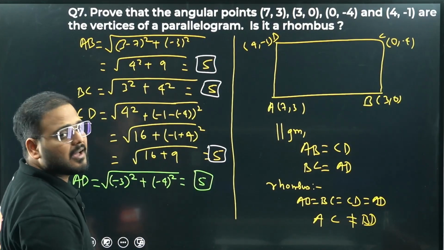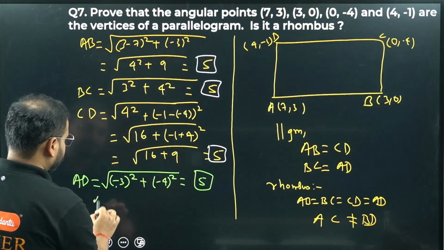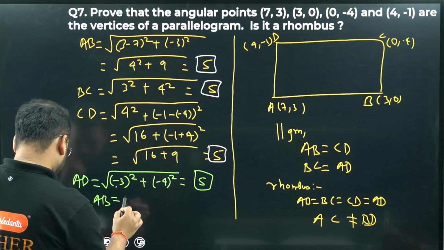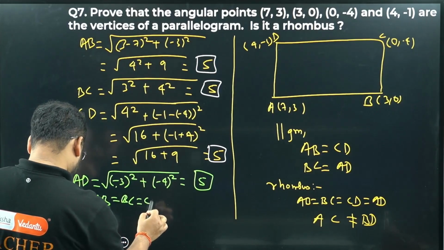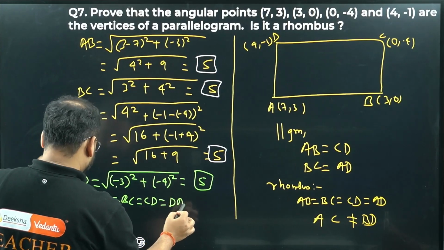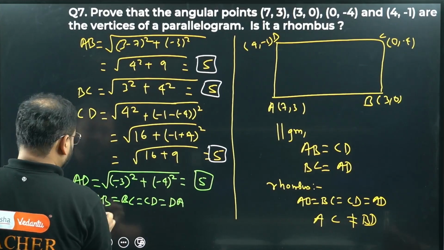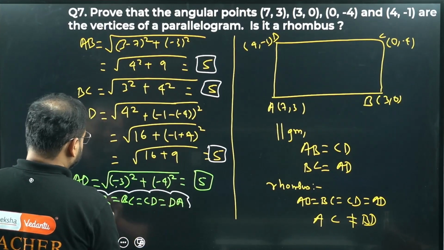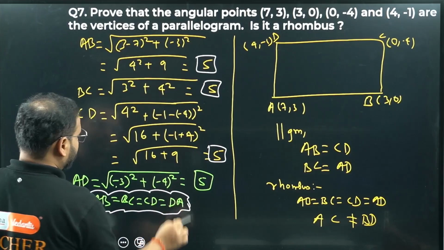So I'm getting AB equals BC equals CD equals DA. It means it can be either a rhombus or a square.